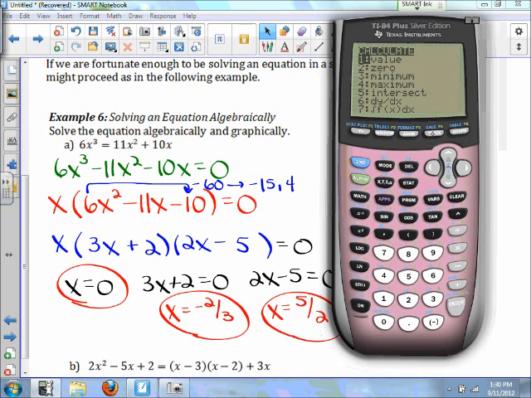Our first answer, if we go intersect, there's negative 2/3 right there. Our second intersection, there's 0. Now for our third intersection, we're going to have to go to the right a little bit. We're going to make our y max, let's just make it 15 just for kicks here.